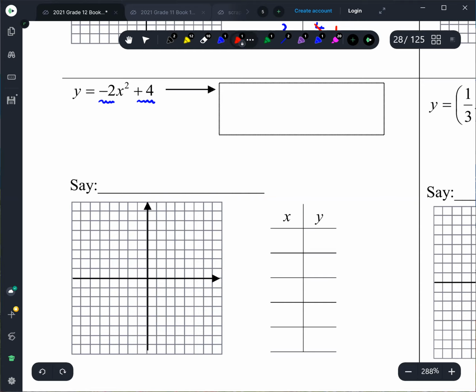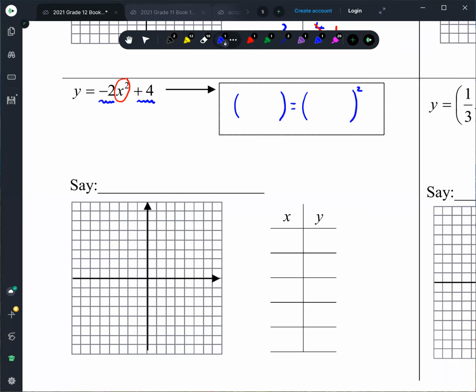Isolate X squared, because X squared is the X part. So your goal for your form is you should have something like this, the Y part and the X squared part, because that's the quadratic family, quadratic basic.